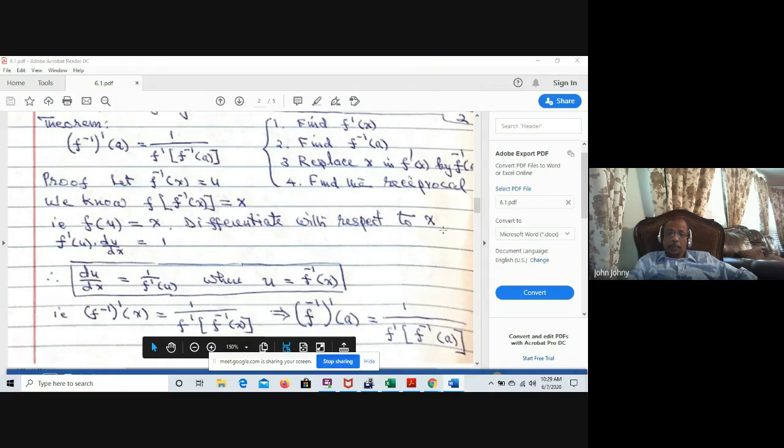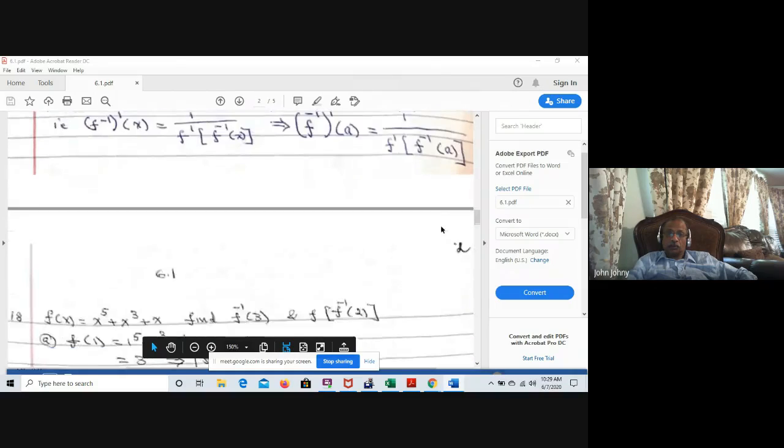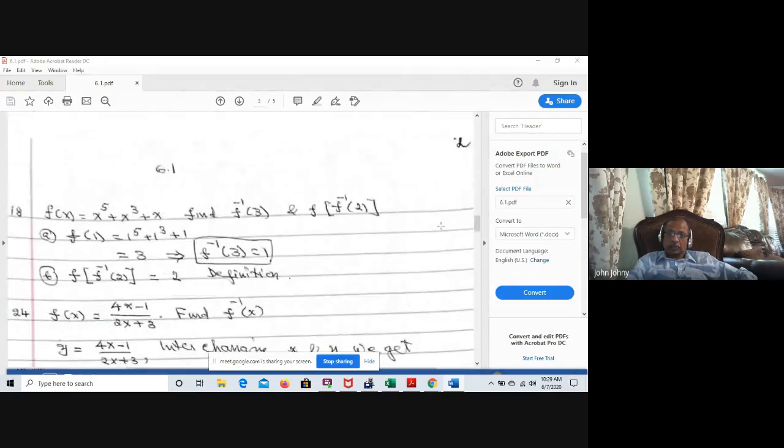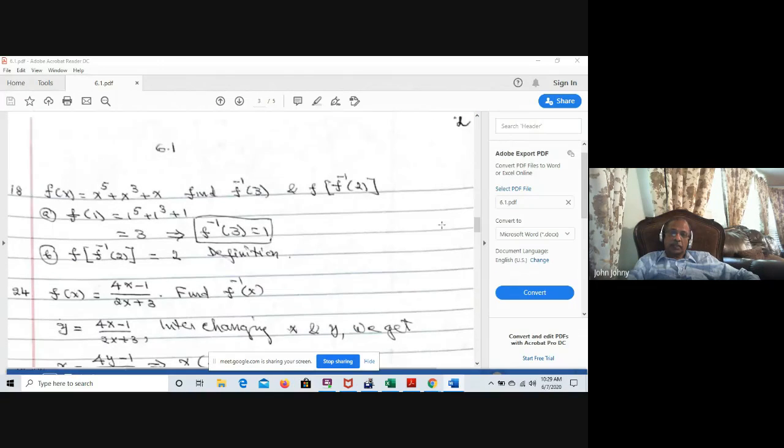Okay, now we are going to discuss the problems. Start with question number 18. The question is, f(x) is x to the 5 plus x cubed plus x, and you are asked to find f inverse 3 and f of f inverse 2. That question is copied from the textbook. For part A, consider this.